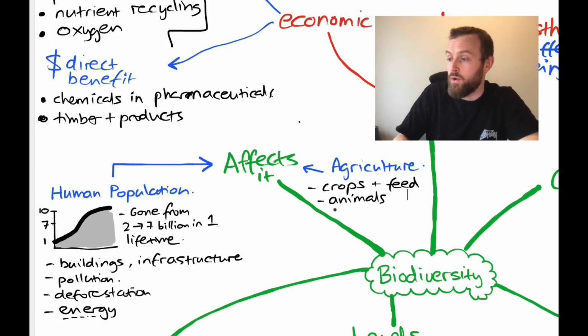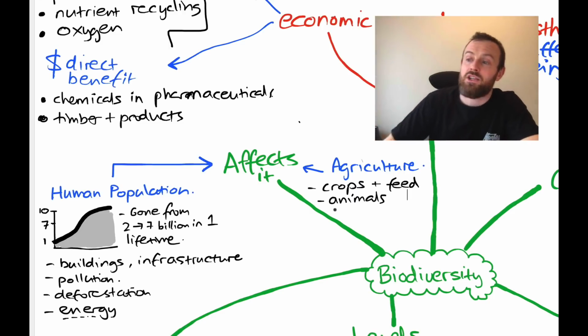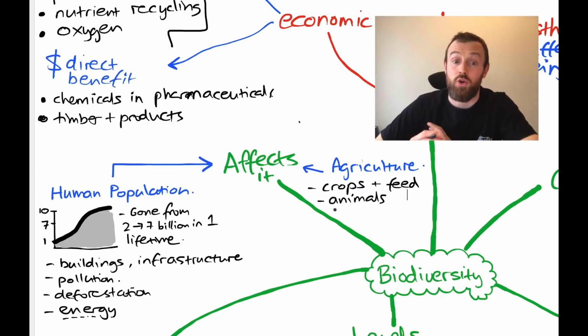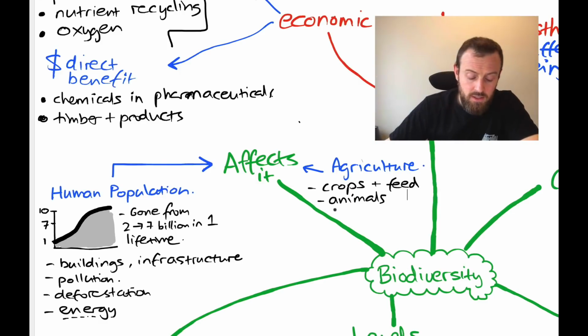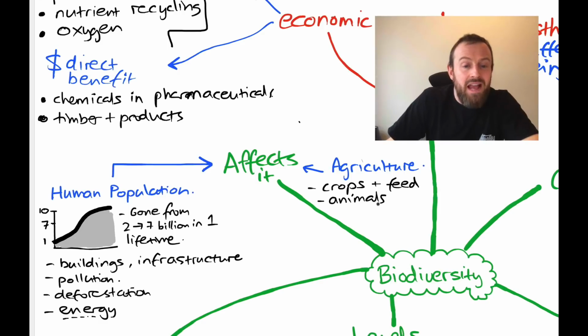So we might grow corn to feed chickens, or we might grow soy to feed cattle. And actually, this amount of land is huge. We use far more land to grow crops for animals to eat than we use to grow crops for human consumption. So with increasing land used for agriculture, we reduce biodiversity because most agriculture is a monoculture.